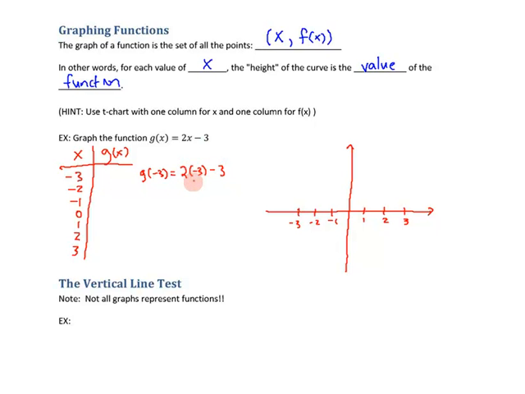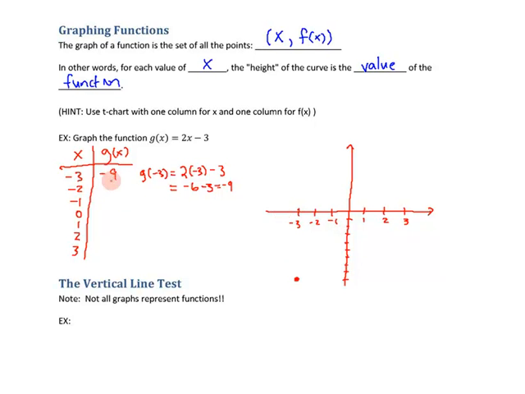And so 2 times -3 is equal to -6 minus 3, or -9. What that tells me is the point above or below -3 has a height of -9. So -9 means negative. I'm going to go down 1, 2, 3, 4, 5, 6, 7, 8, 9. So roughly right there is that first point.